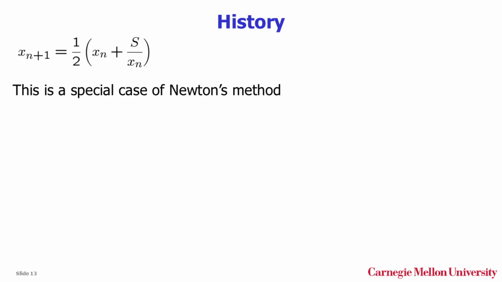Before going into the details, let's briefly review the history of how Newton's method was developed. This was probably one of the first applications of Newton's method. It's based on the simple update rule, x_{n+1} equals 1/2 times (x_n plus s over x_n).